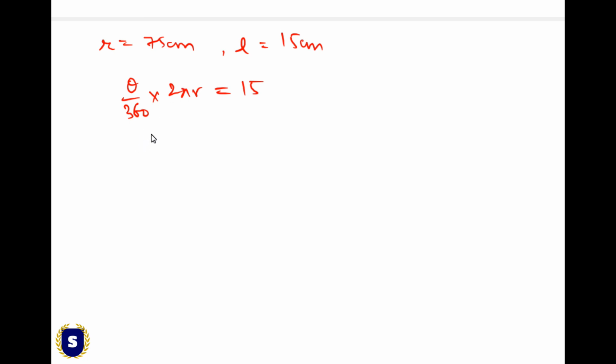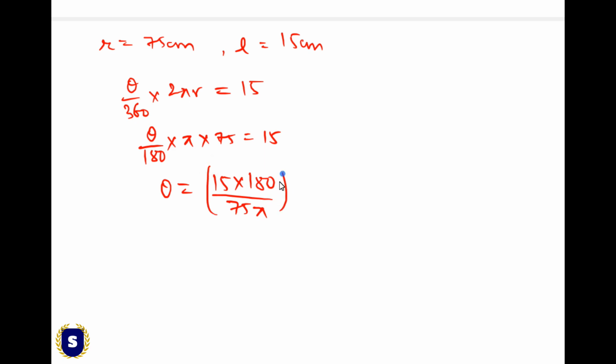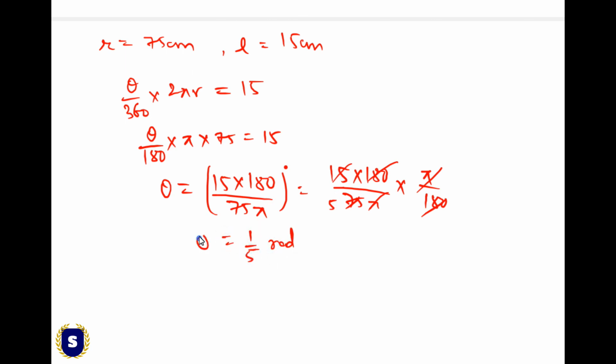So theta by 180 into pi into 75, so theta comes out to be 15 into 180 upon 75 pi. This is in degrees. In radians we multiply it by pi by 180. Cancelling out 5, we get 1 by 5 radians.